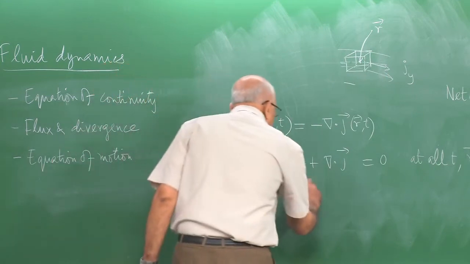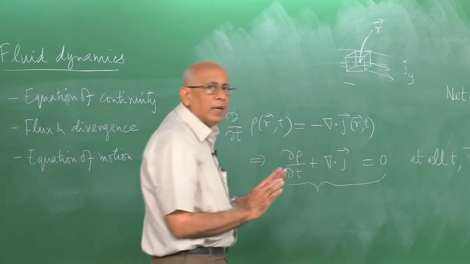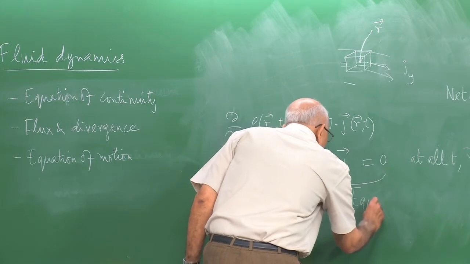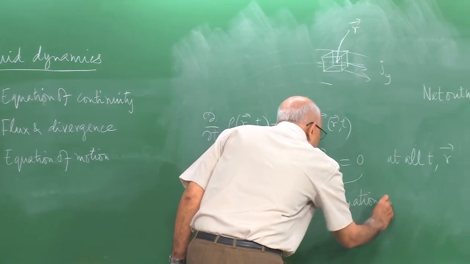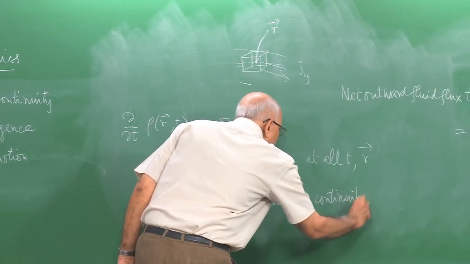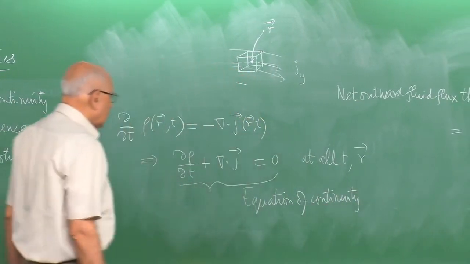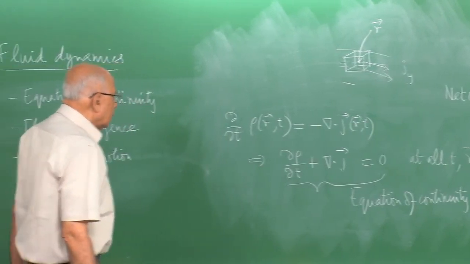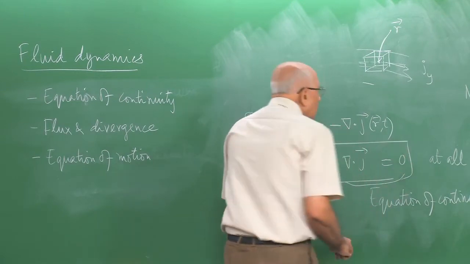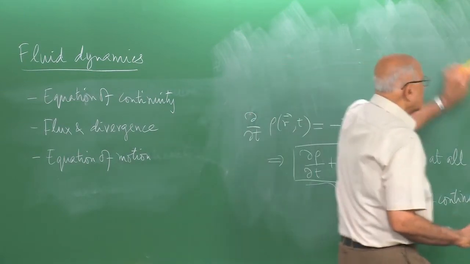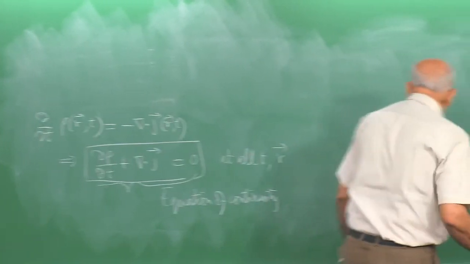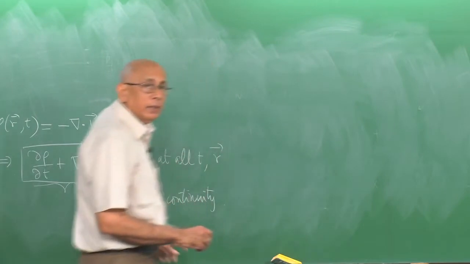This equation, which is essentially conservation of matter or conservation of mass here, is called the equation of continuity. And it is a crucial input, because notice that what the equation of continuity is telling us is that there is a constraint on the way rho and J behave.